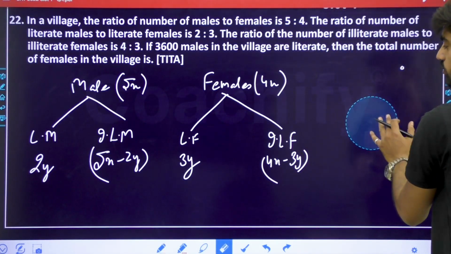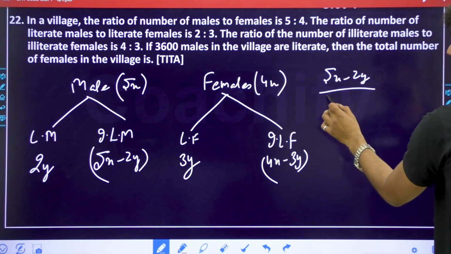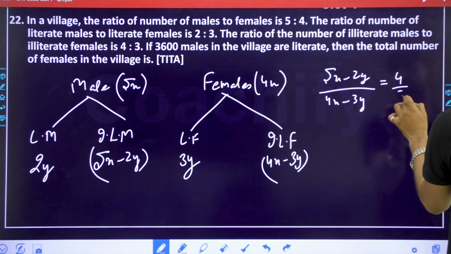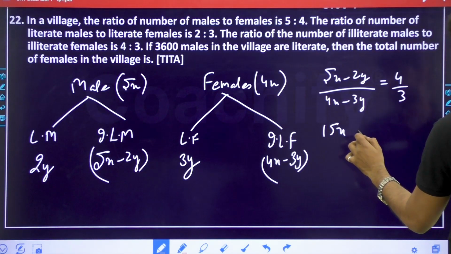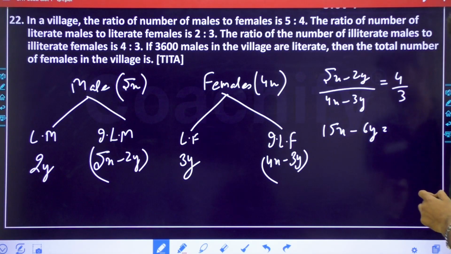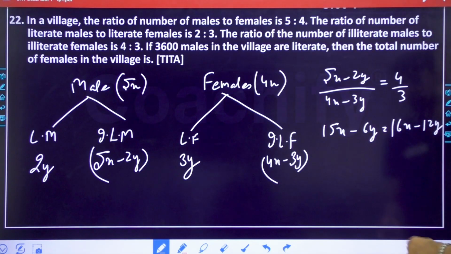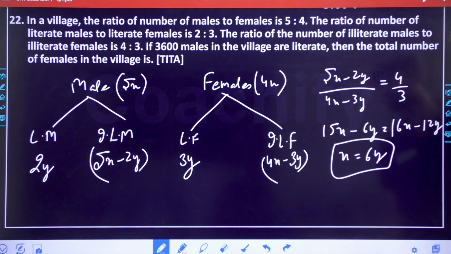Now this ratio, 5x minus 2y upon 4x minus 3y, is given as 4:3. On solving this, 5 into 3, 15x minus 6y equals 16x minus 12y, which gives x equals 6y, that is 6 times y.